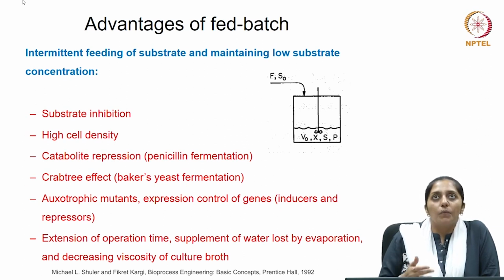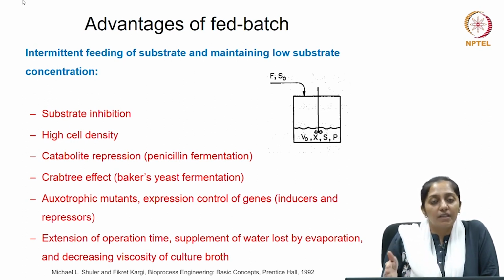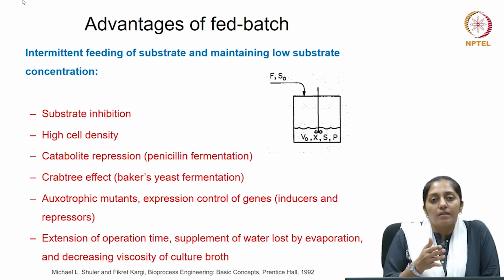Now, imagine when inside a reactor there is only one feed stream or inlet stream, but there is no outlet stream. If you remember the earlier classes in batch operation, what was substrate inhibition? Substrate inhibition is a phenomenon where the substrate at inhibitory concentrations can lead to reduction in the specific growth rate of the culture.